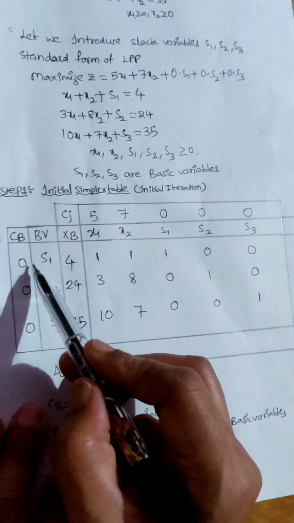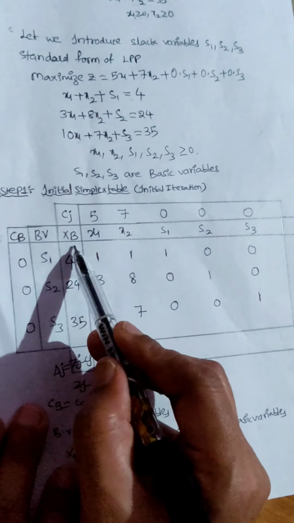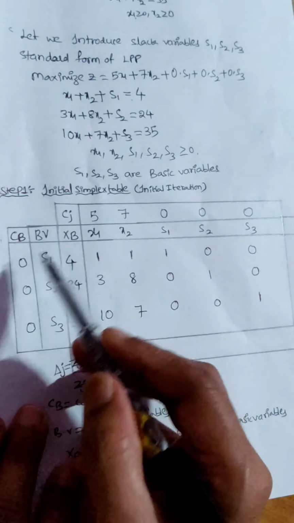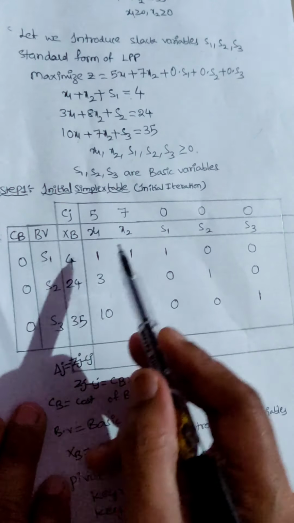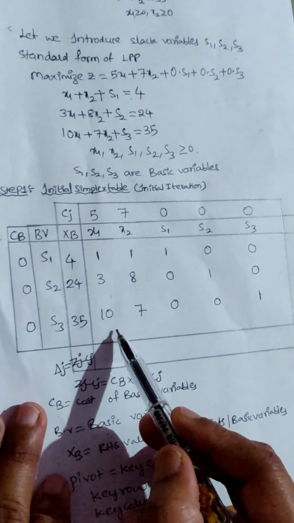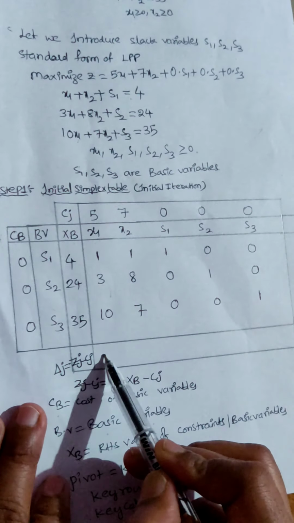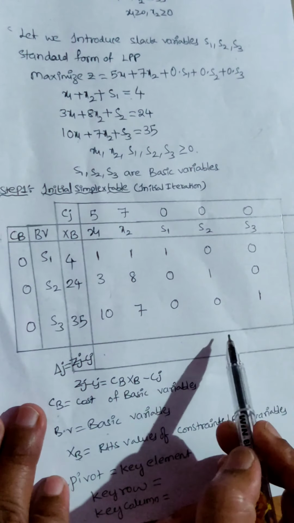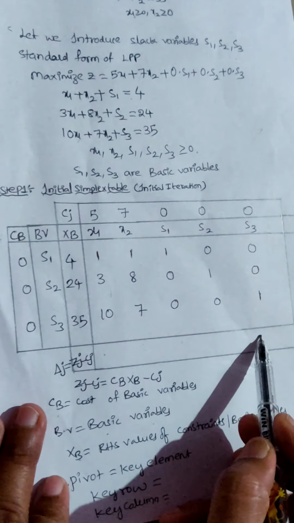First we have to multiply cb into xb, then subtract the coefficient of the given values. So for this first x1 values, find z1 minus c1, z2 minus c2, z3 minus c3, z4 minus c4 and z5 minus c5.